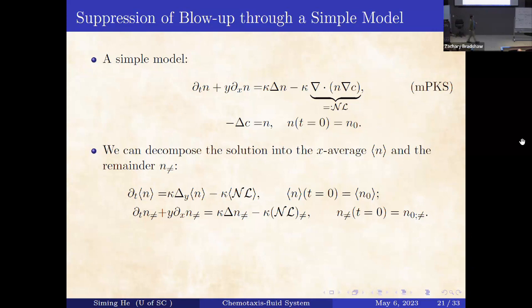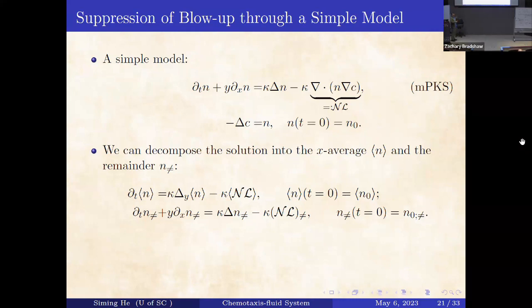So instead, we're going to decompose the solution into the x-average part and the remainder part. For the remainder part, you expect it to be decaying very fast, and now it doesn't matter. The x-average part is the main remaining feature of the solution here. Okay, so we just take the x-average and take the remainder.